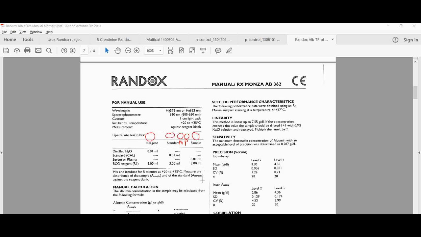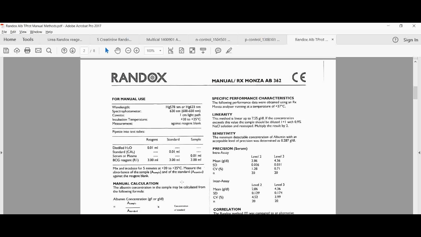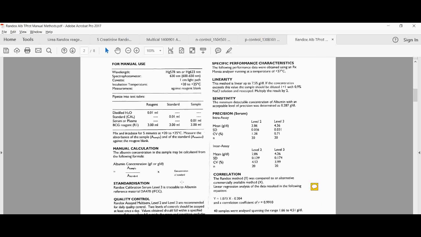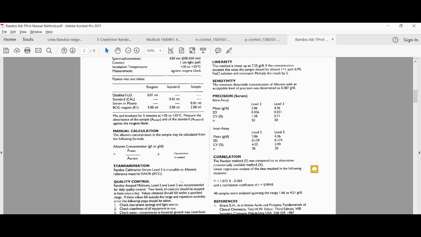So once you have your absorbance values, now you can calculate what the concentration is, because this method is based on Beer's law, and Beer's law states that the concentration of a substance in solution is directly proportional to the absorbance of that substance in a 1 centimeter light path.